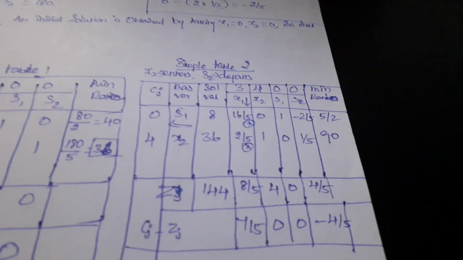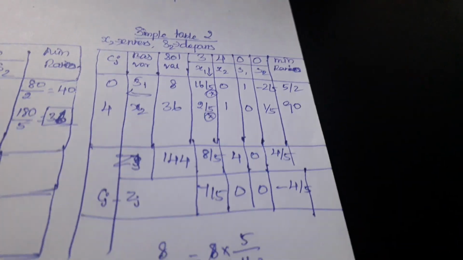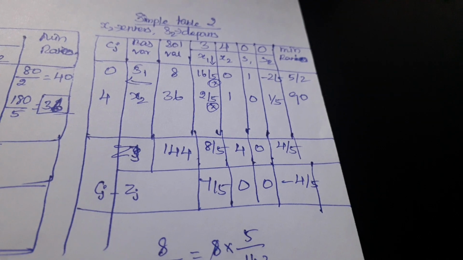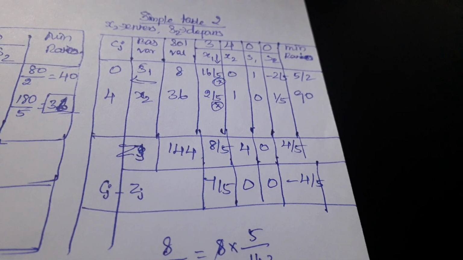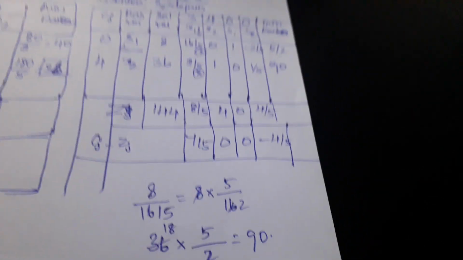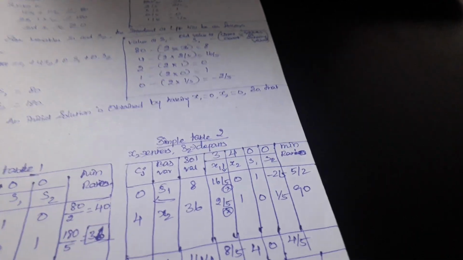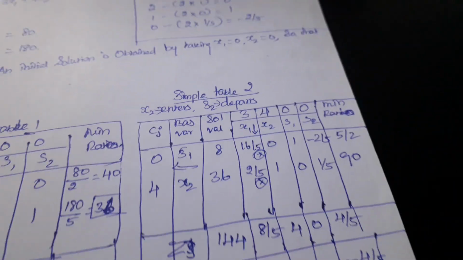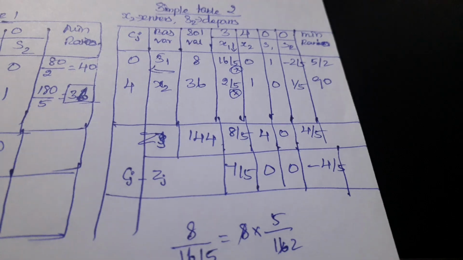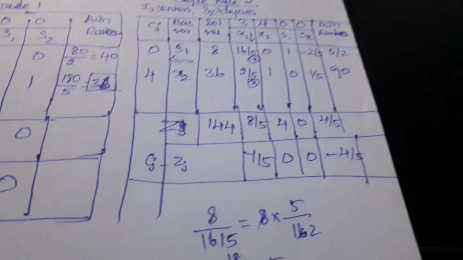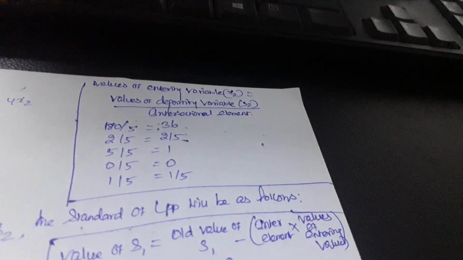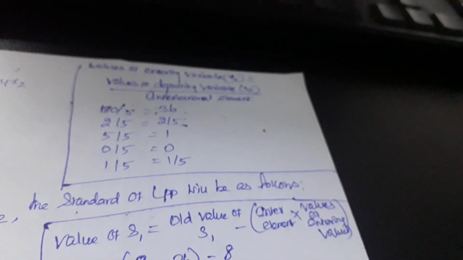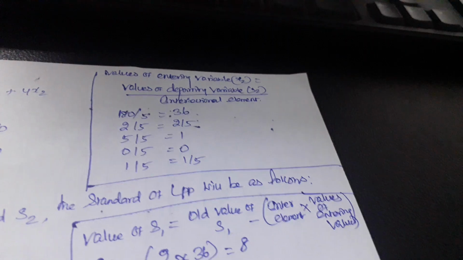So we have to draw the second table. Here x2 enters and S2 departs. To find the entering row values, the formula is: values of the entering variable x2 equal to values of the departing variable divided by the intersection element.